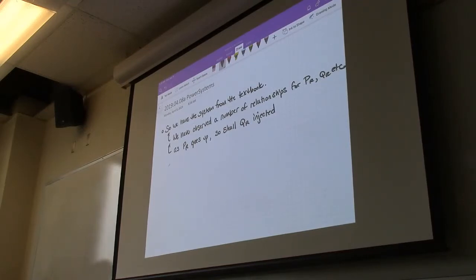And we also have seen that QS will be equal to negative QR. So those are the two main relationships that we came away with.